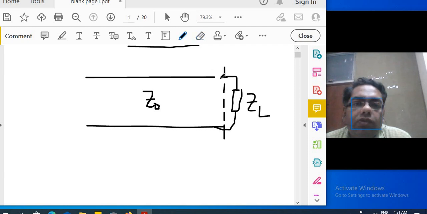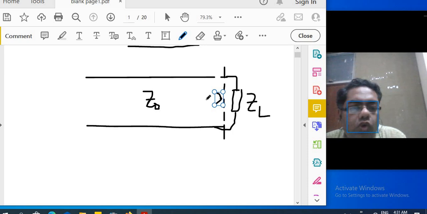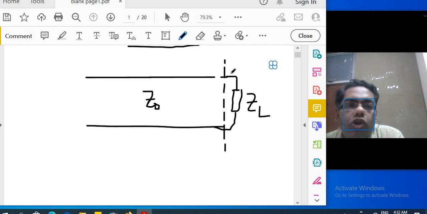Now if we see the impedance along the transmission line, the input impedance at the load end, this dotted line that you can see is the load plane. That means here the load is connected. If I see the input impedance at the load end, then this will be equal to ZL.